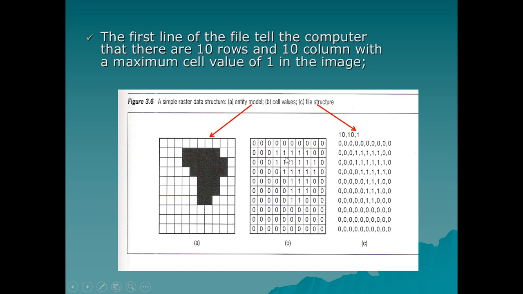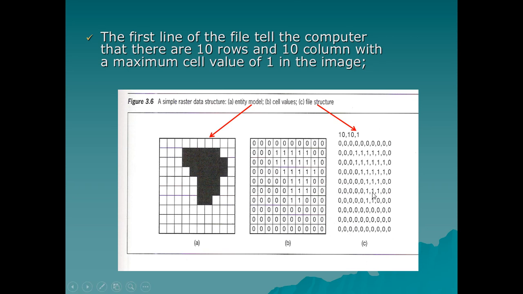Now this is a simple representation here. What we have on this side here is actually how the data would be organized and stored in the computer. So let's make sure we understand what is going on here. This first set of numbers in the top line here actually represents the information contained in the raster data layer. It tells us that we have 10 rows, 10 columns, and the highest cell value available to us is a value of 1.